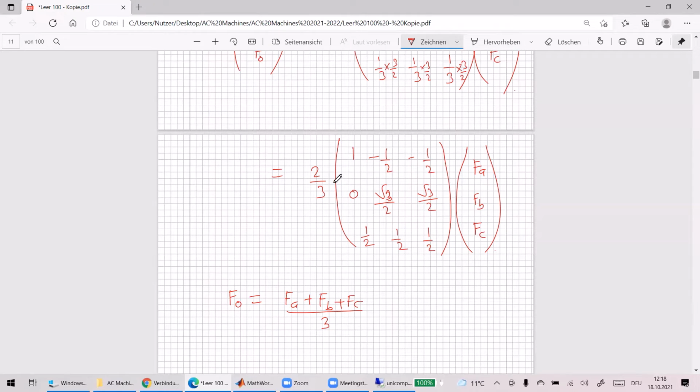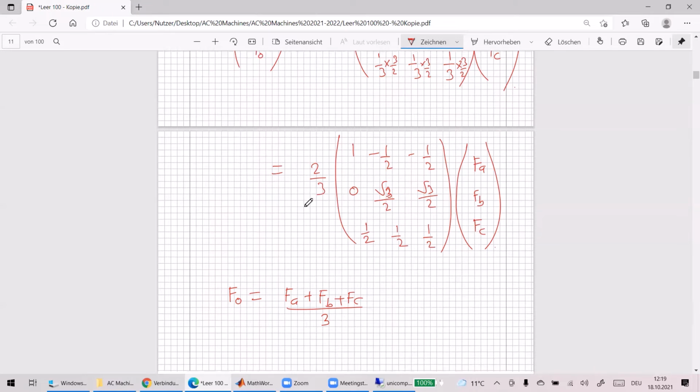Cool. So this 2 by 3 factor actually helps in the alpha beta frame, so that we can get our F alpha and F beta magnitude the same as the magnitude for the ABC system. So that's the main reason.